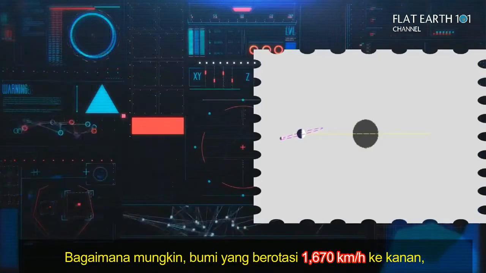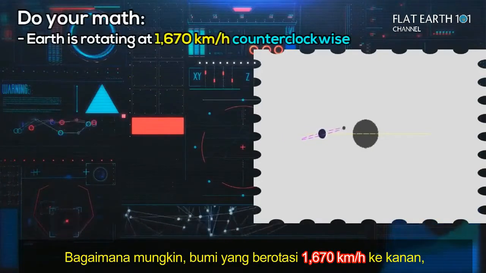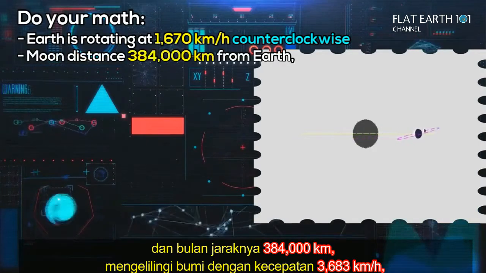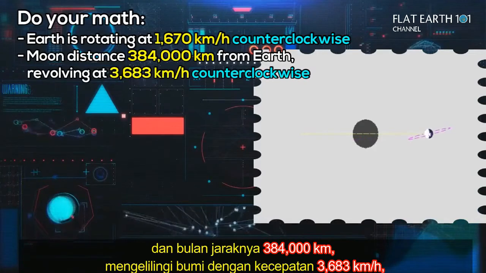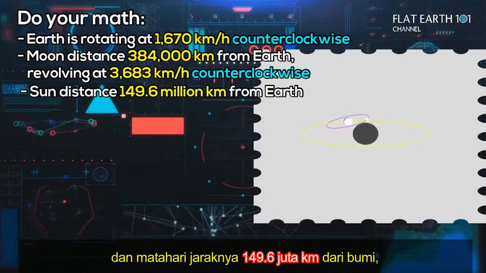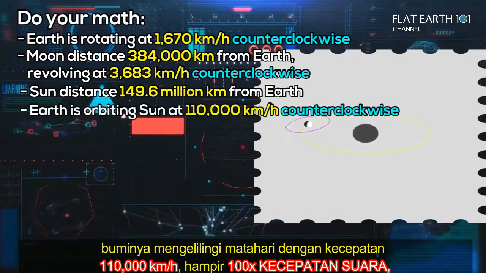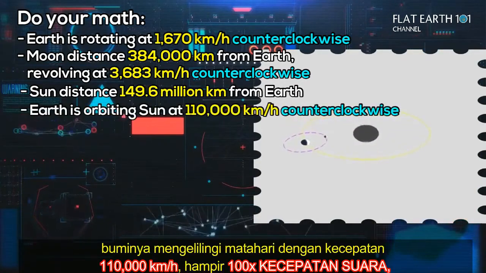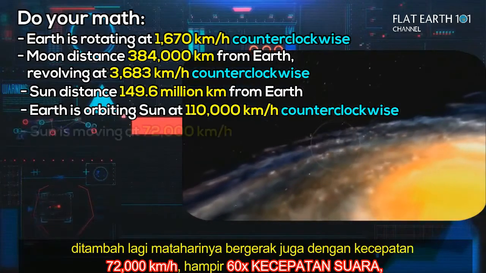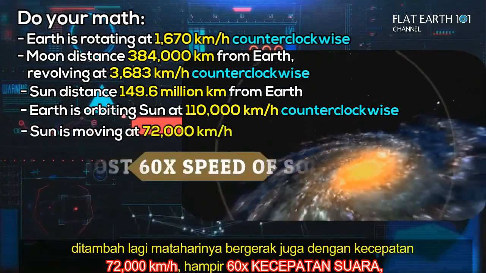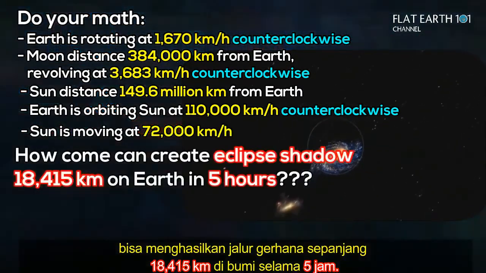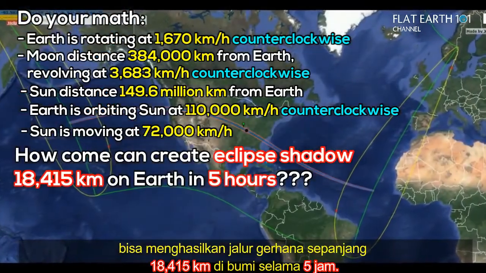How come the Earth that's rotating 1,670 kilometers per hour to your right, and the Moon 384,000 kilometers away, orbiting the Earth at 3,683 kilometers per hour, and the Sun 149.6 million kilometers from the Earth, while the Earth is orbiting the Sun at 110,000 kilometers per hour, almost 100 times faster than the speed of sound, plus the Sun also moving at 72,000 km per hour, almost 60 times faster than the speed of sound, can create an eclipse shadow of 18,415 kilometers on Earth within 5 hours?